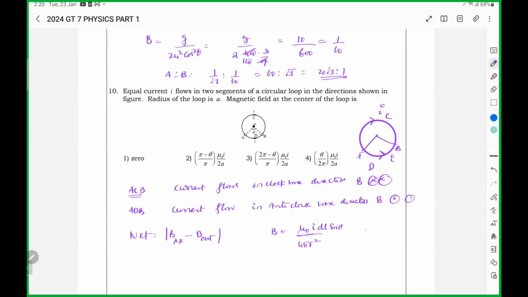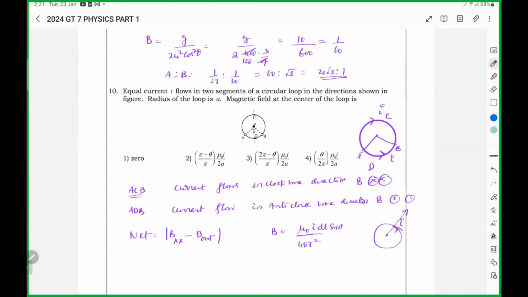For us, if current passes through it, dl and I, in fact, we find the angle between r and dl.